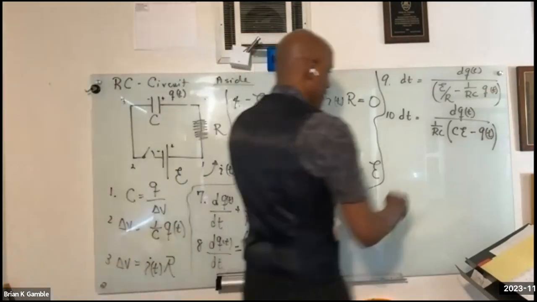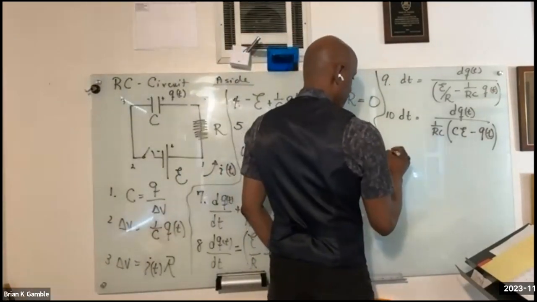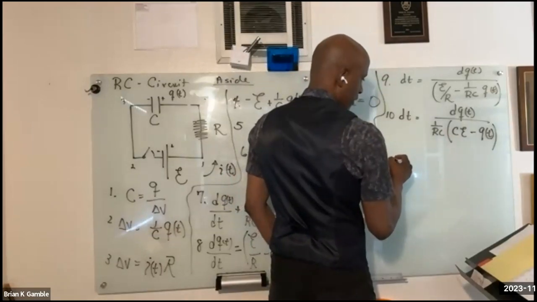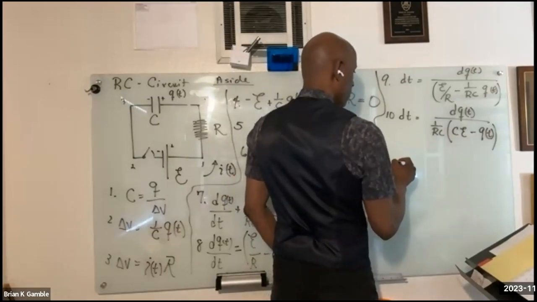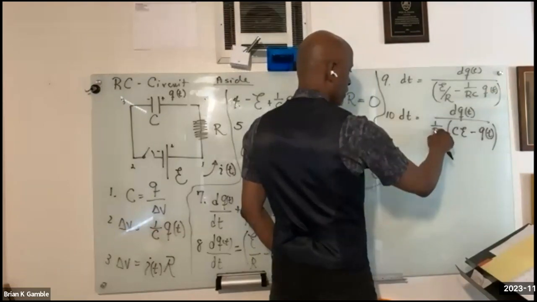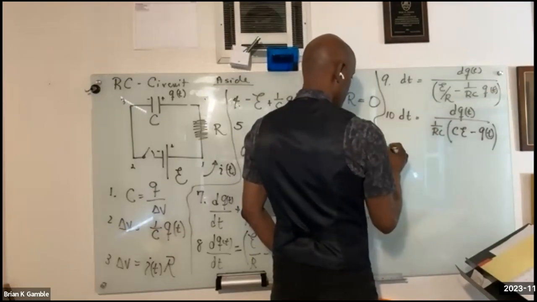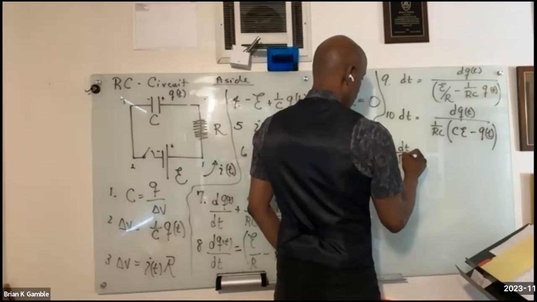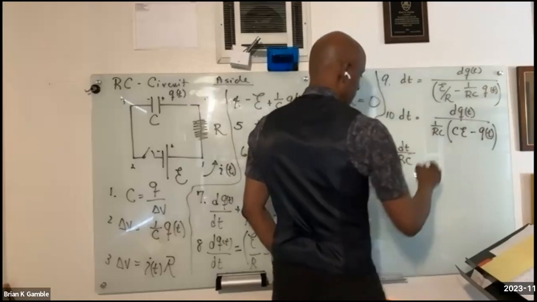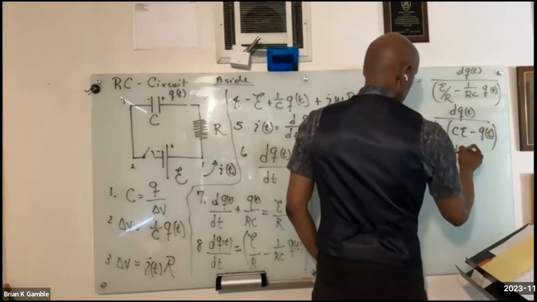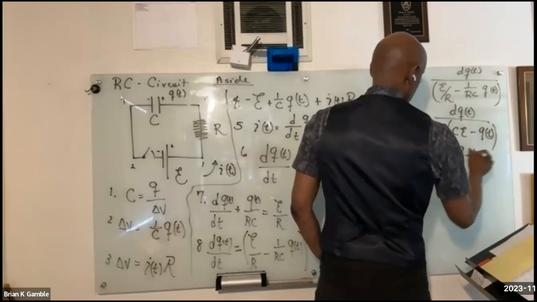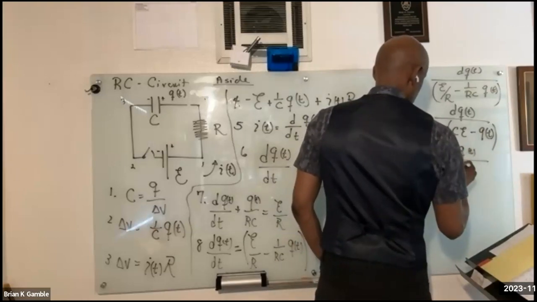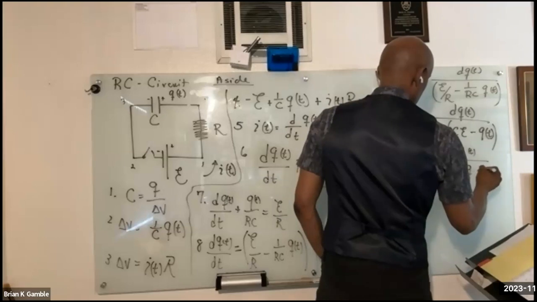So I just need to multiply the RC over on the other side now. Actually, I'm multiplying 1 over RC. All right, so because this is 1 over RC, when I multiply 1 over RC, I'm going to get dt over RC equals dq of t over C times minus q of t.